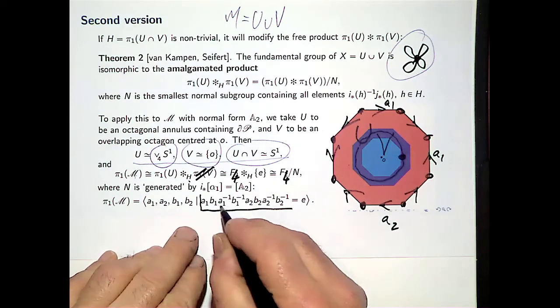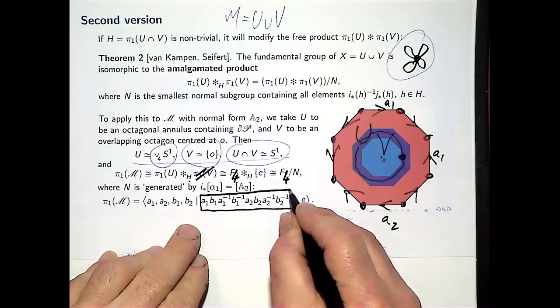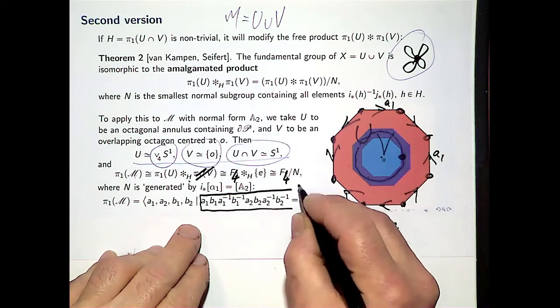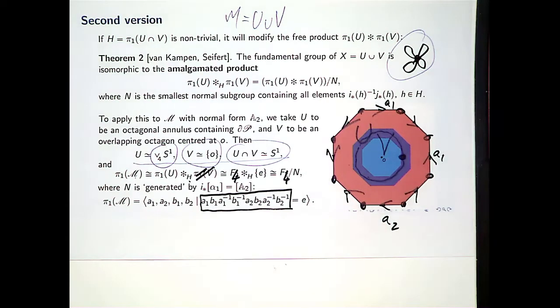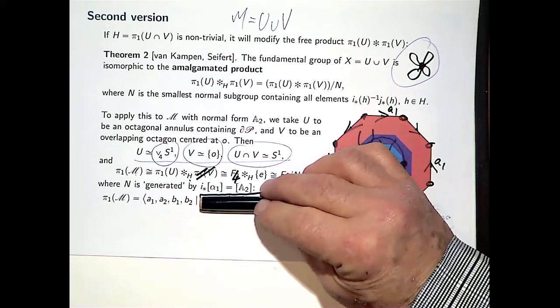So the theorem is telling you that this circle maps to this loop here, and that has to be treated as if it's the identity. And that's what the fundamental group of the surface is. We start with a free group on four generators, so that would be this without any relation.